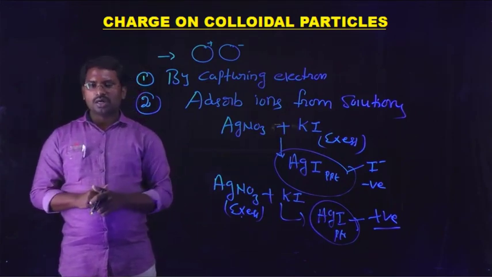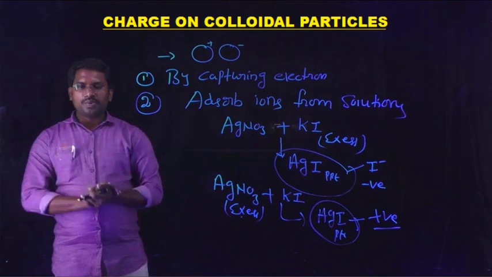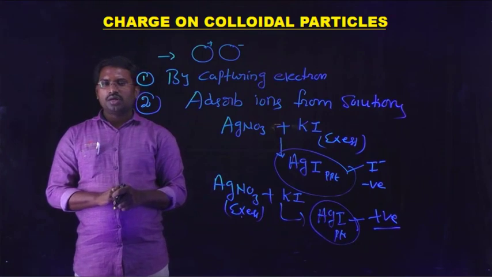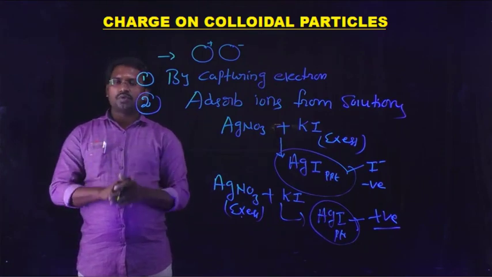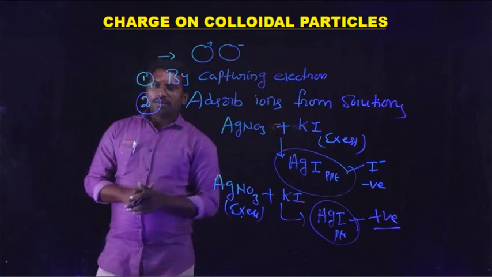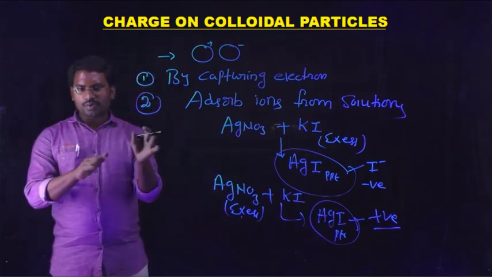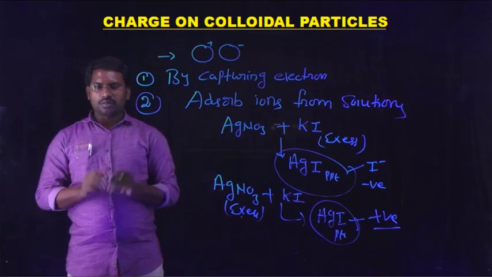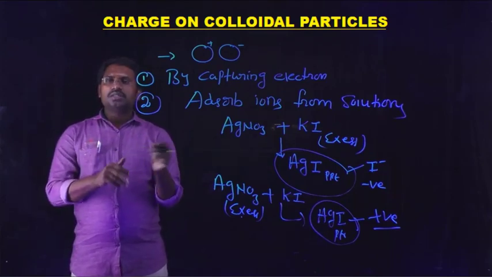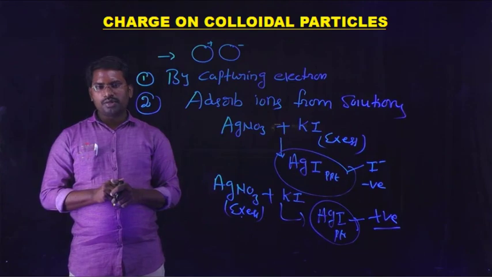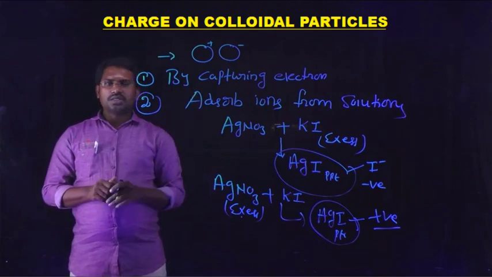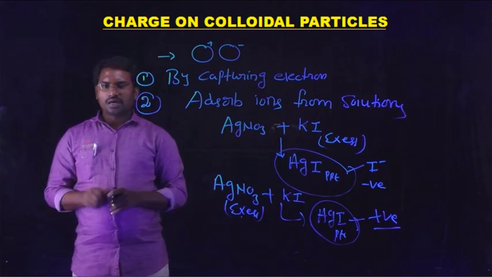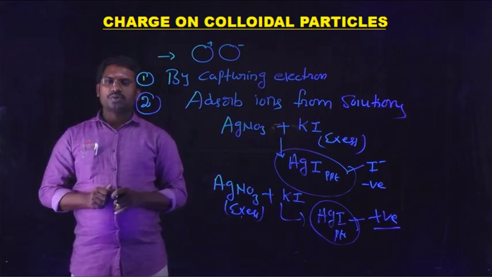Next one, color. The color of the colloidal solution depends upon the wavelength of the light passing through it and the size and shape of the colloidal particles. Finally, Brownian movement, a kinetic property of colloidal solution. The motion of colloidal particles in a zigzag manner is known as Brownian movement. And next, the charge present on colloidal particles arises in two ways. First, by capturing electrons from air and dispersed metals.